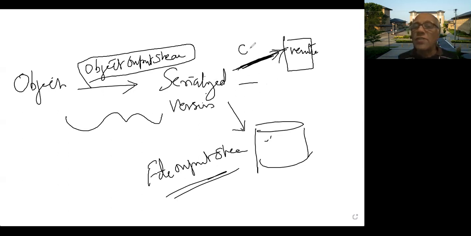So there is a class C1 for this. There is a class C2 for this. But the same object output stream can be combined with C1 to get the serialized data to go to a remote location, and object output stream can be combined with C2 to send the serialized data to disk. So you should appreciate that design here.